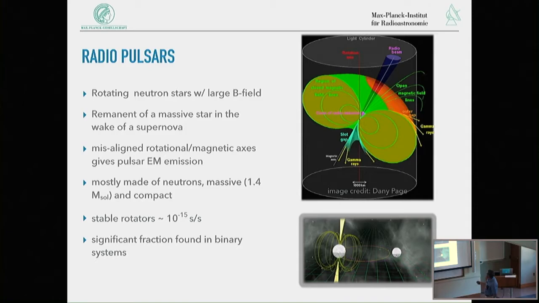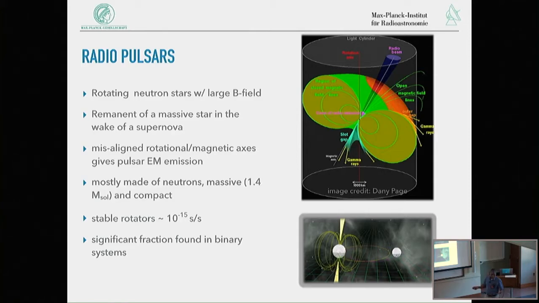So there's the neutron star. What we have is radio pulsars. They are currently accepted to be rotating neutron stars with extremely large magnetic fields. They are born when a massive star, 3 to 10 solar masses, goes supernova, and the star collapses into a neutron star because gravity is so strong that it crushes the atoms, and what is left over is neutrons.